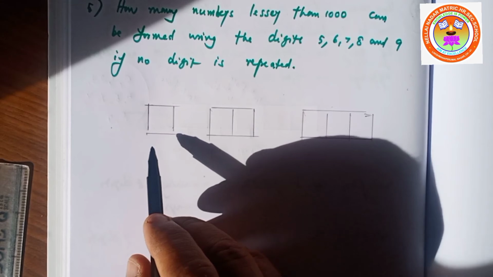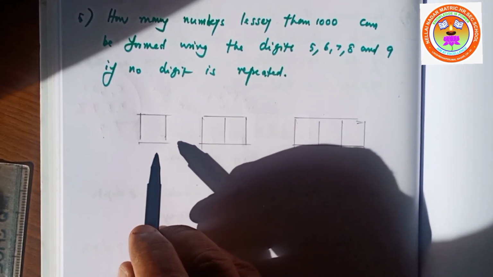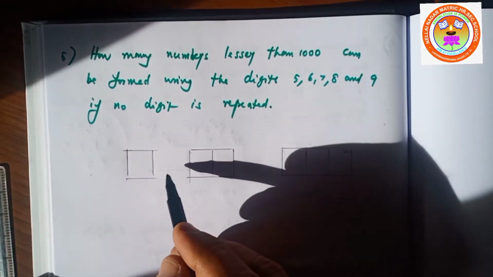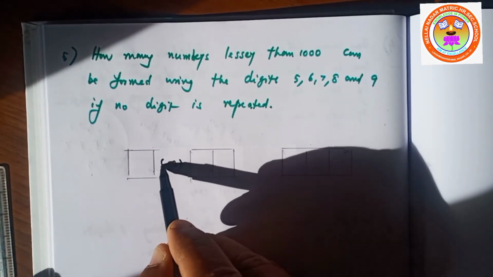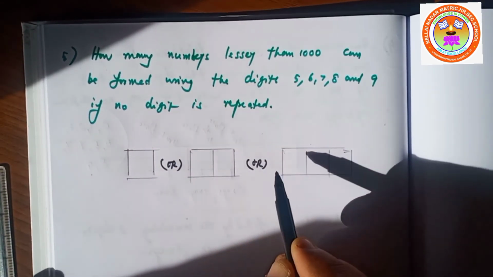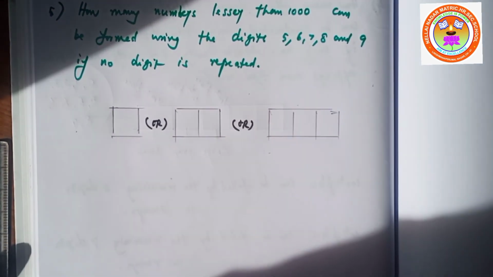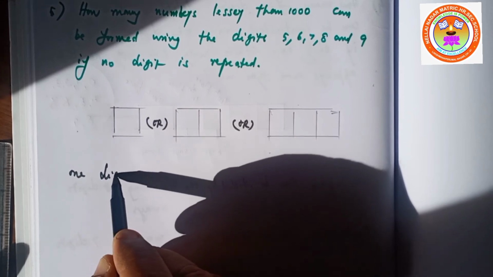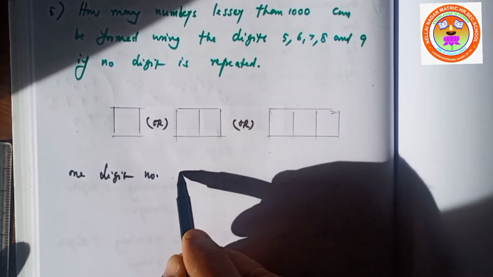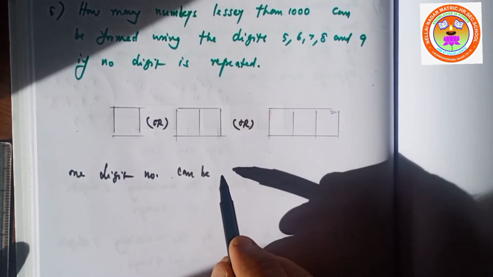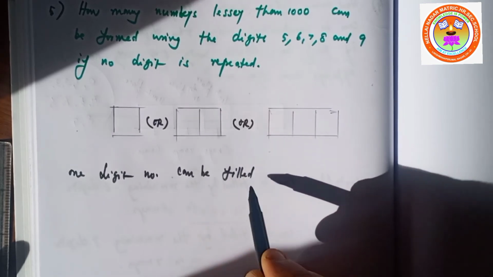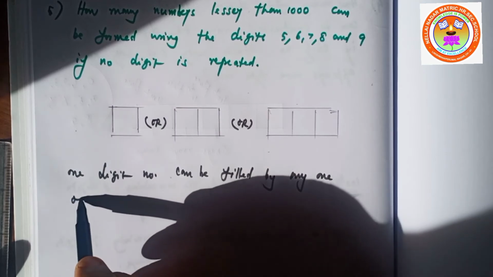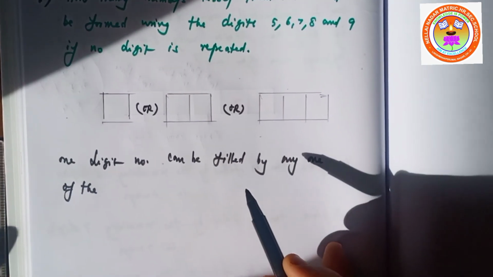Particularly the 1-digit number can be filled by any one of the 5 digits, correct? I write over here, 1-digit number, or 2-digit numbers, or 3-digit numbers. The 1-digit number can be filled by any one of the 5 digits.